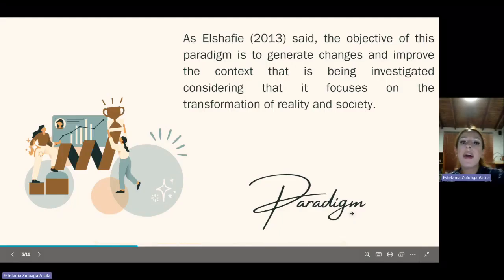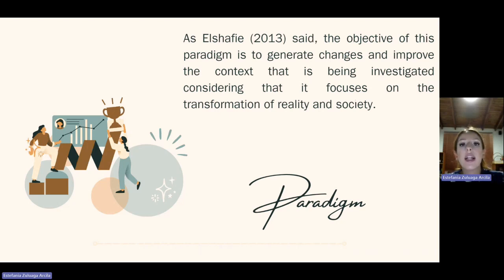Our paradigm is the sociocritical paradigm, as El Safie 2013 said.